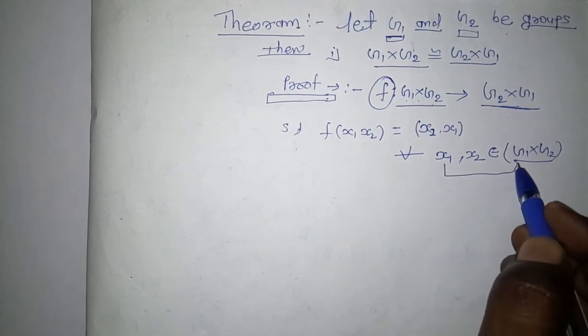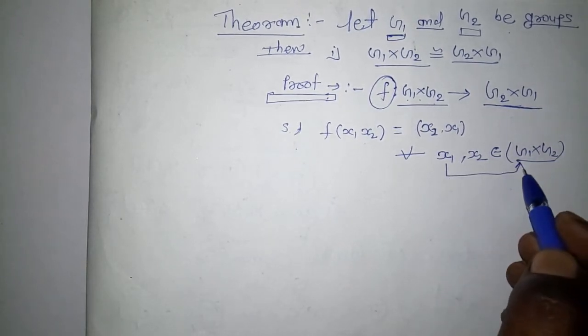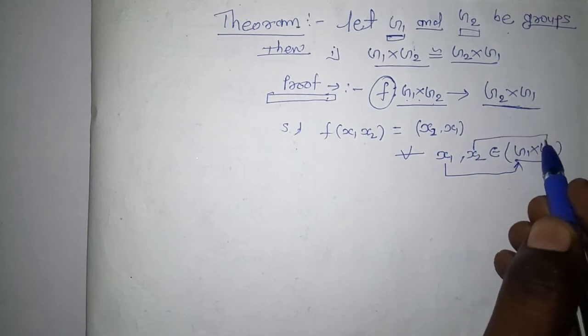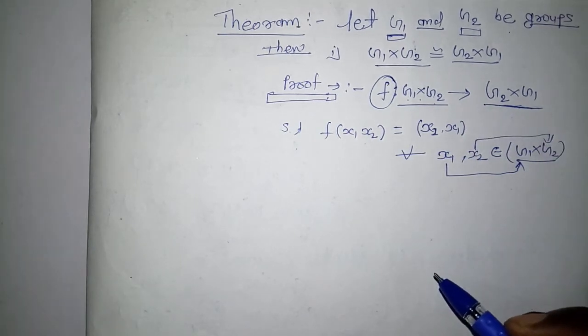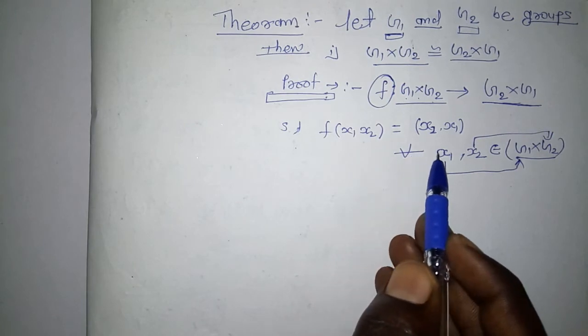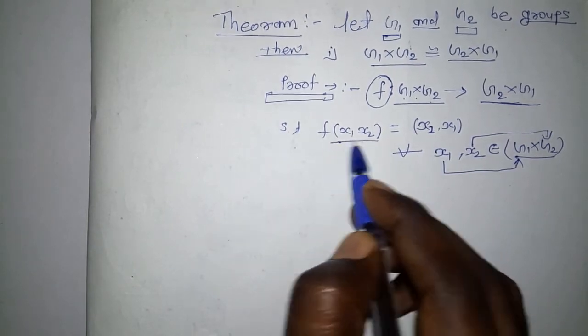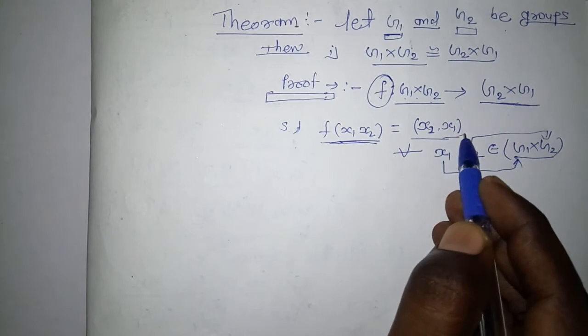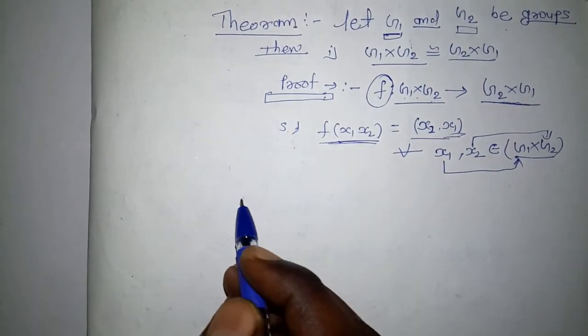Here x1 belongs to G1 and x2 belongs to G2. Okay, f(x1, x2) is equal to (x2, x1). This is our function.